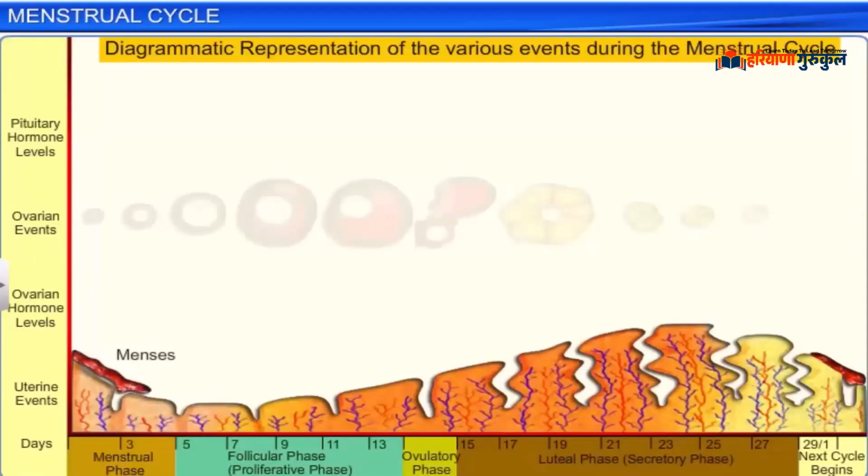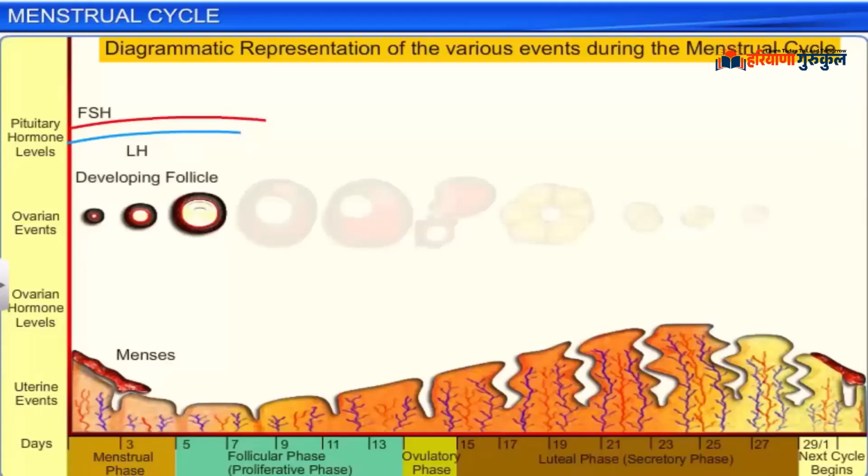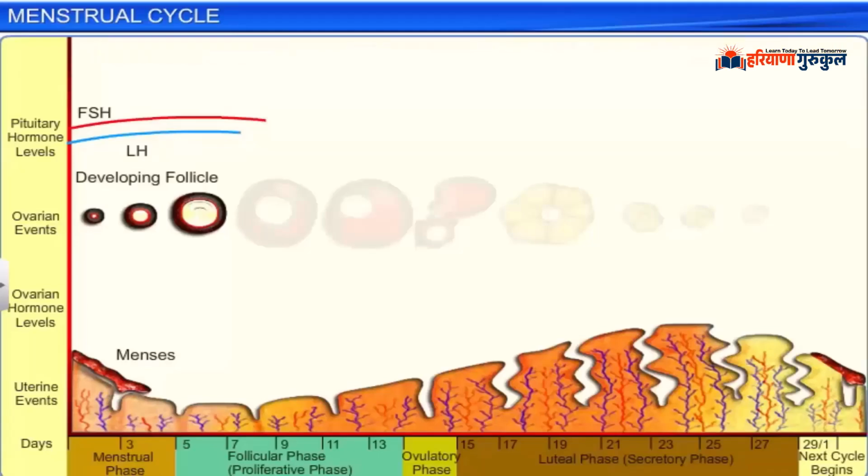At the onset of menses, the anterior pituitary gland increases the secretion of the two gonadotropic hormones, luteinizing hormone or LH and follicle-stimulating hormone or FSH, that stimulate the development of primary follicles. However, the amount of estrogen and progesterone released by the ovary during this time is less, which causes the thinning of the endometrium.